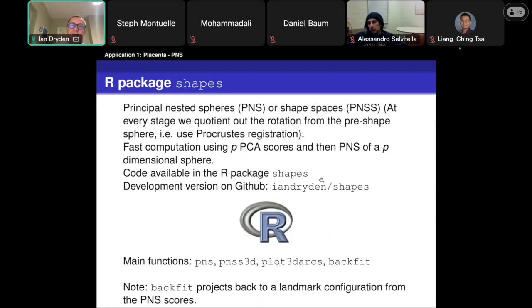So in the shapes package, we've got PNS, and then another one when you have shapes available, and various backfitting procedures so that you can go from the score to an actual object and see what it looks like. So it's relatively easy, well, fairly easy to apply.